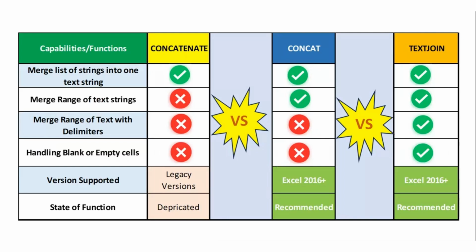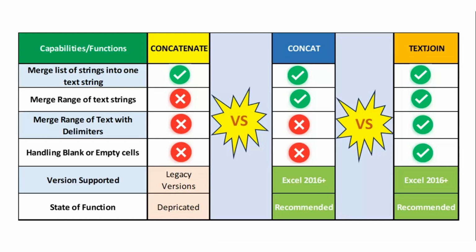All these functions are used for concatenation of strings, but they work differently. The table presented here covers the differences between these three concatenation functions, starting with the first capability, which is merging list of strings into one text string. This is supported by all the three functions.